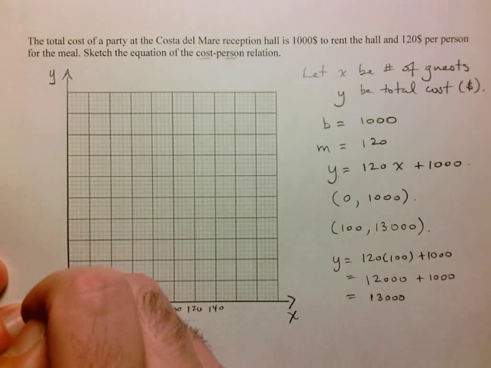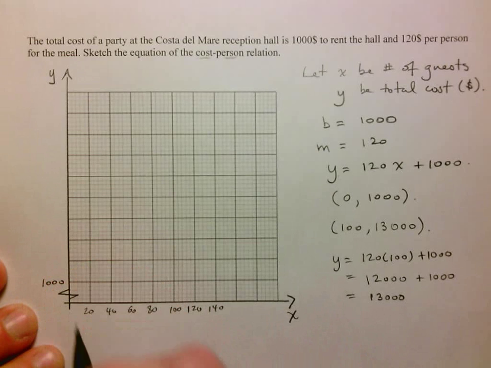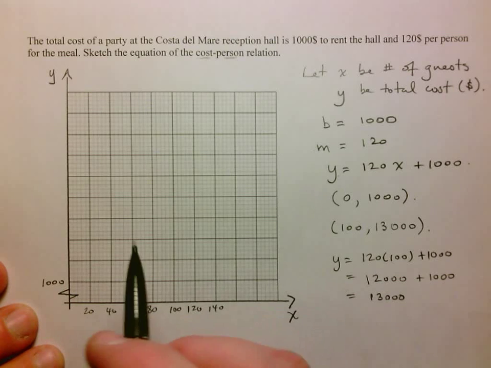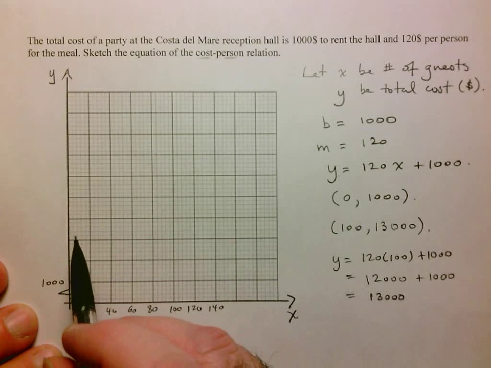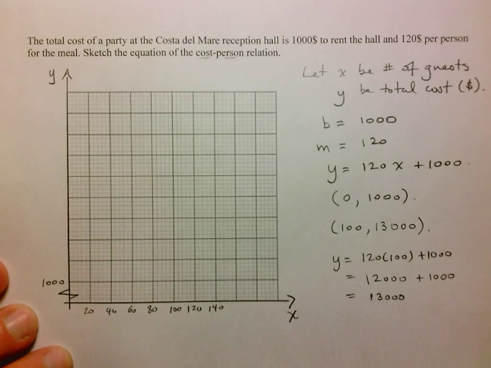Okay, so I'm going to skip and go directly to 1,000, and now from here I'm going to choose my scale to go up as I need it. So it doesn't make sense to go up by 1,000 every time, otherwise there's no way I'm going to get to 13,000. Okay, so let me go up by 2,000 every time.